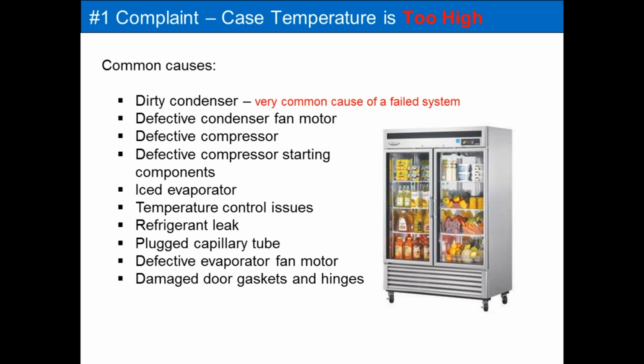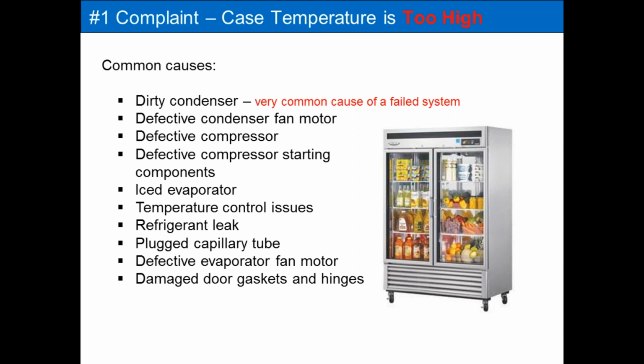So we'll talk about dirty condensers and some of the things that you should be looking for. We'll talk about defective condenser fan motors, defective compressors, how to troubleshoot your starting components, how to analyze an iced evaporator, what causes the evaporator to ice up, some temperature control issues, refrigerant leaks, a pretty common problem, and plugged capillary tubes. One of the takeaways from tonight's presentation is hopefully you can determine the difference between a system that has lost refrigerant or has a plugged cap tube.